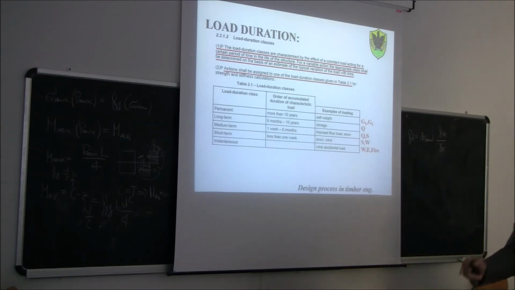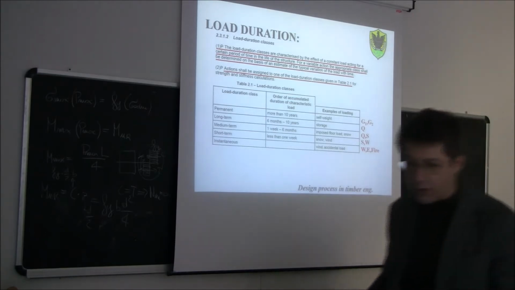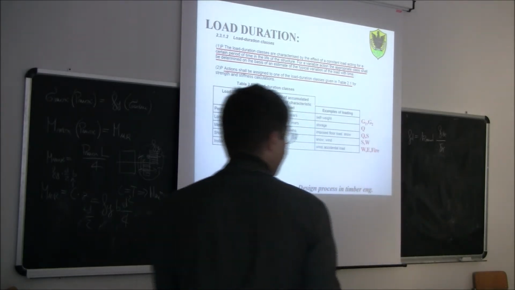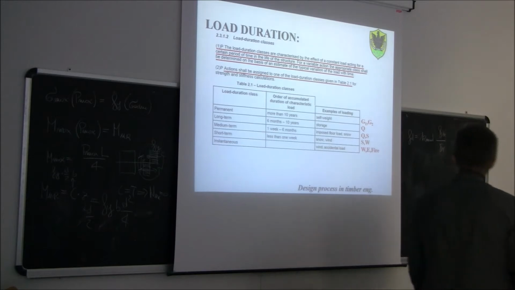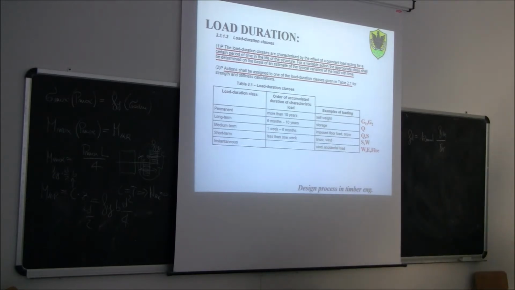The characteristic value of the snow load stays there for more than 1 week only rarely. Instead, if you are in high mountains, it's much more likely that the snow load will stay in place for more than 1 week. So, snow load may be medium term or short term, depending on the altitude.